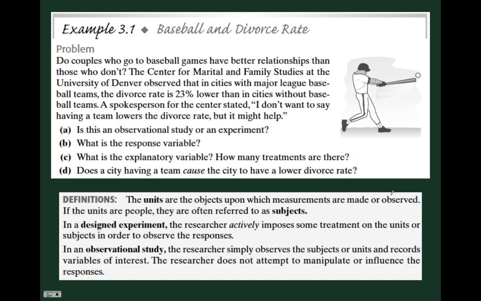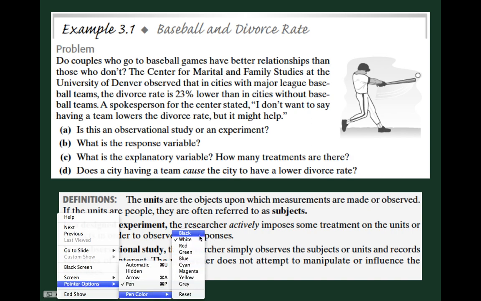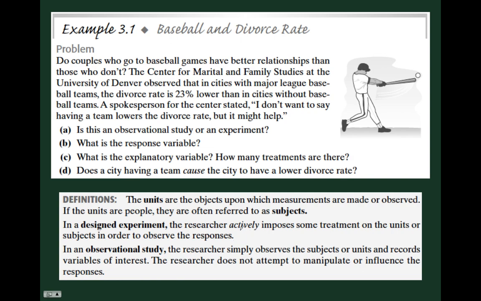The researcher does not attempt to manipulate or influence the responses. So again, in this chapter, we're looking really at two types of studies. One type is a designed experiment, and the other type is what we call an observational study. And so with a designed experiment, we may be able to establish a cause and effect relationship, or find evidence.